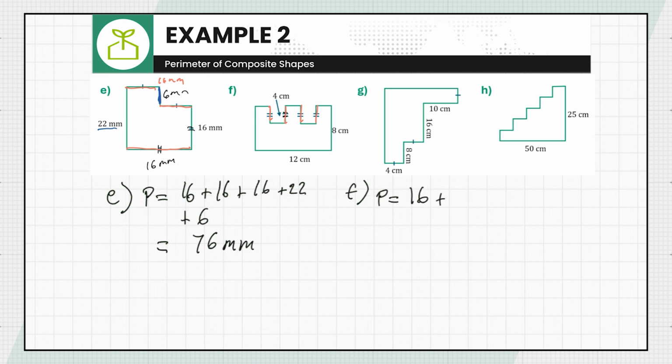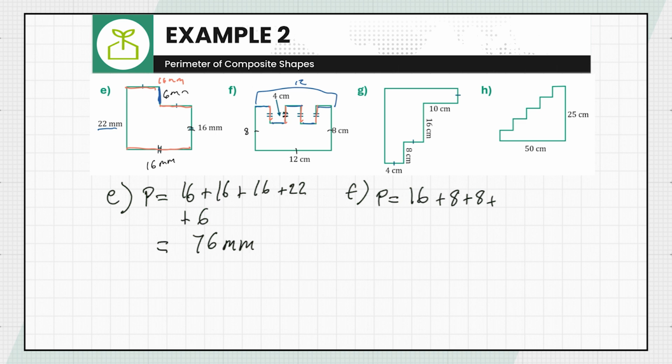And then we've got 8 centimeters here, so we have an 8 on both sides. So 8 plus 8, and then we have a 12 here, and this total side also has to equal 12. So all of this will equal 12 as well.